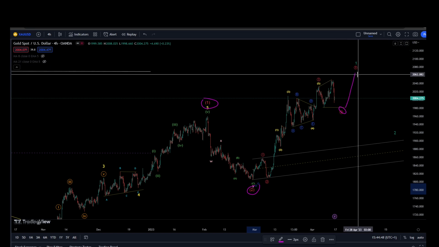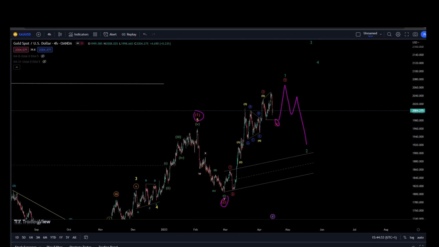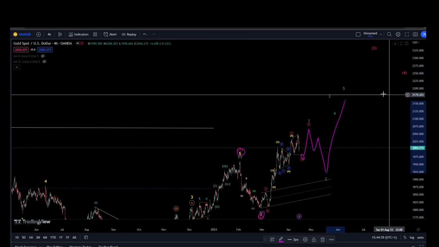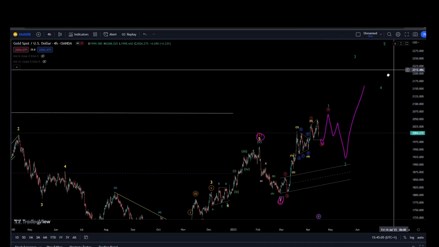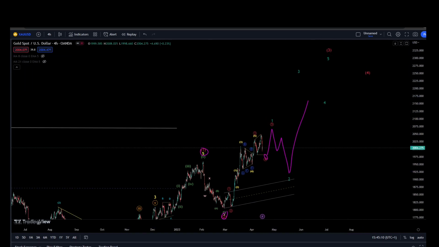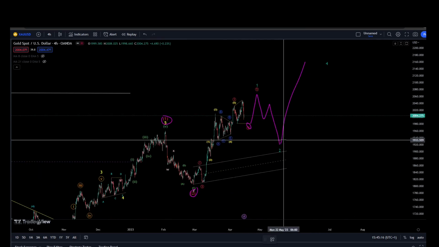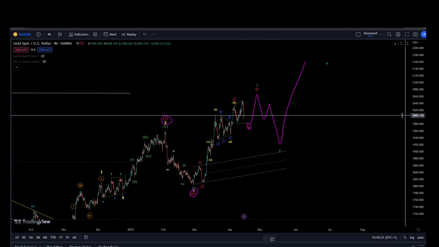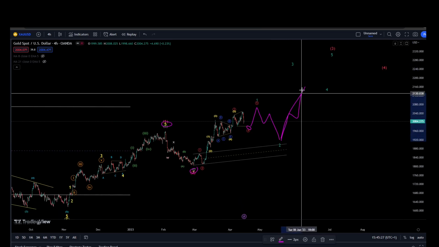Once this wave 5 is complete, we'll get an A, B, C back down into a wave 2, and that would continue moving to the upside, giving us our wave 3 of 3, wave 4 of 3, and then wave 5 of 3, which will complete our third wave in a higher degree. Another very important thing for people to understand is, once we do get this corrective wave, and if we get a nice price action confirmation around the 50 to 61.8% and start to push higher, remember this is going to be wave 3 of 3, so we expect another 1, 2, 3, 4, 5.